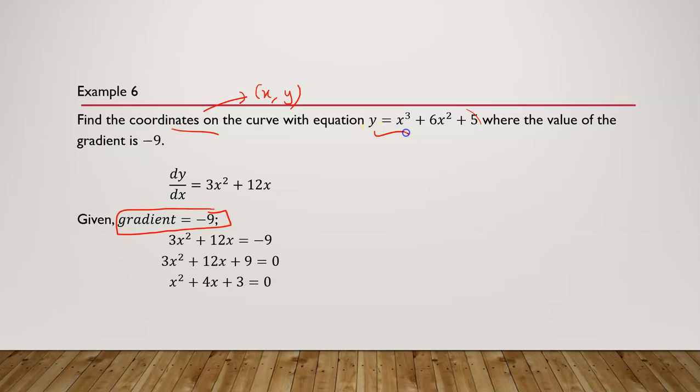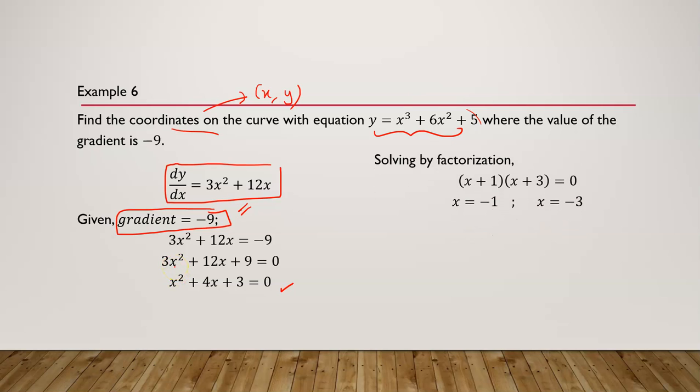So from the curve, you can find dy over dx, which is also the gradient. So 3x squared plus 12x equals negative 9. So 3x squared plus 12x plus 9 equals 0. And then we simplify. Or if you don't want to simplify, you can solve directly by factorization. So solving by factorization, you will get x equals negative 1 and x equals negative 3.